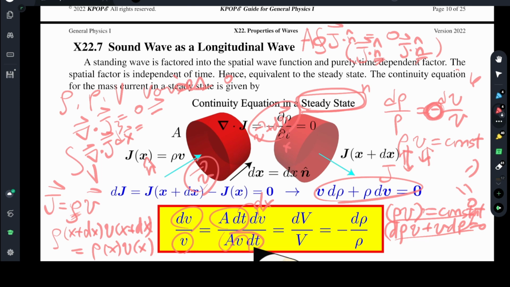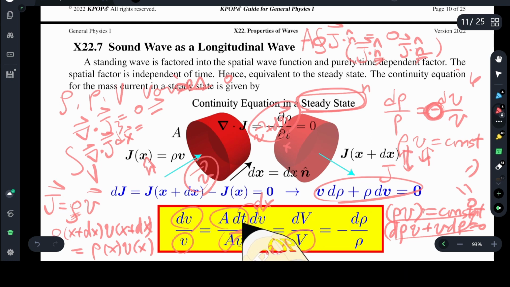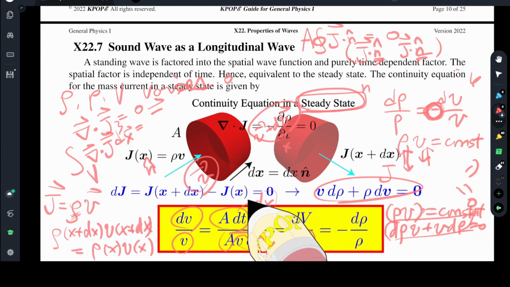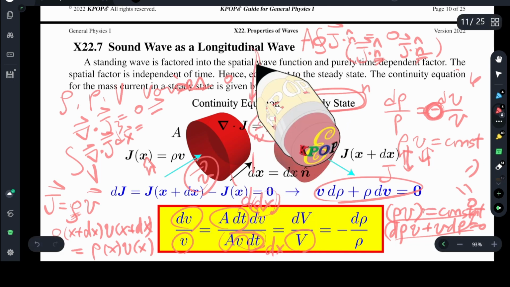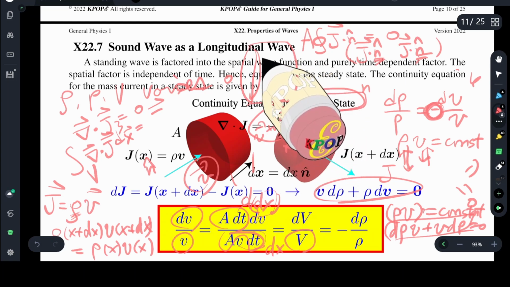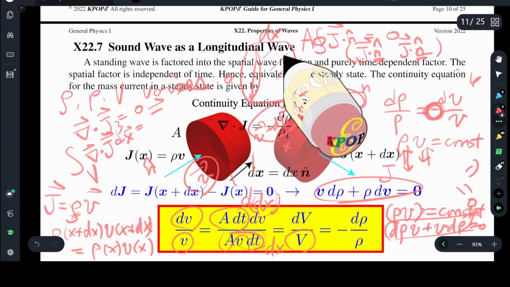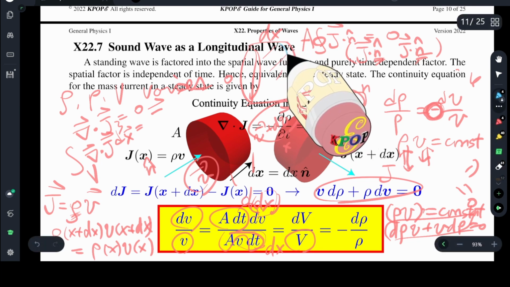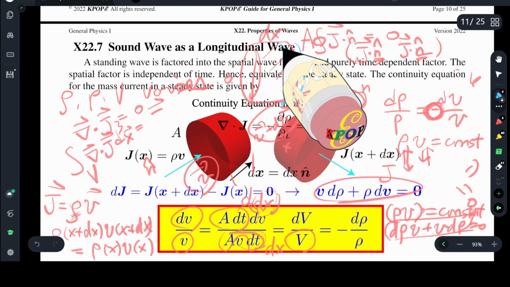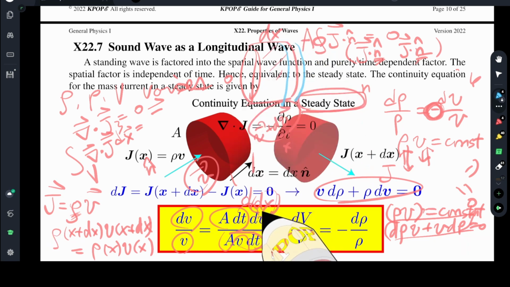Here, a v dt is the volume. The dv dt is a change in dx, a change in thickness. The air contained in the dx has a slight change of dx because of the pressure difference.